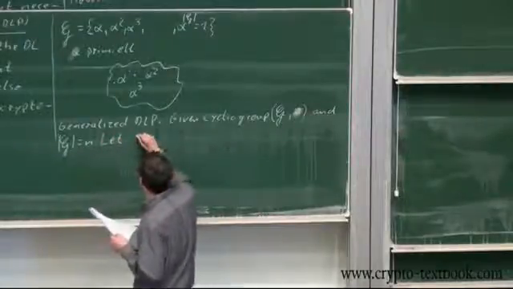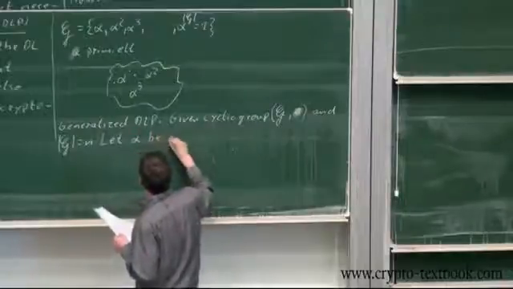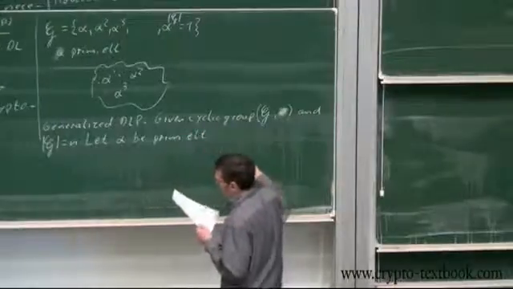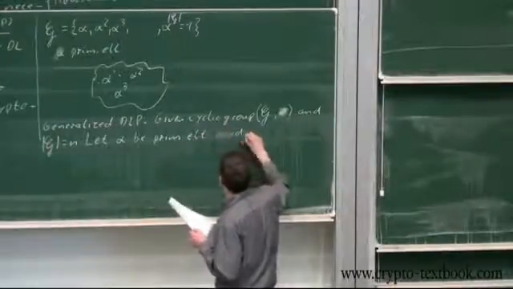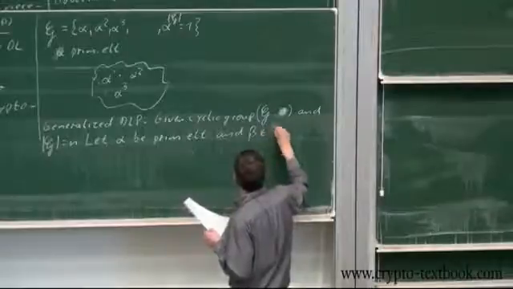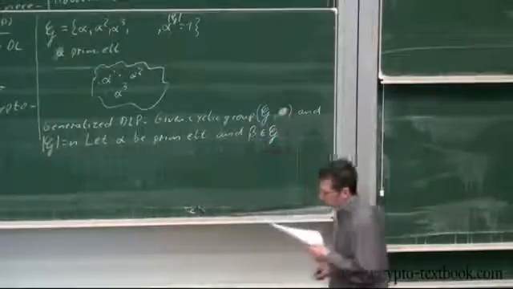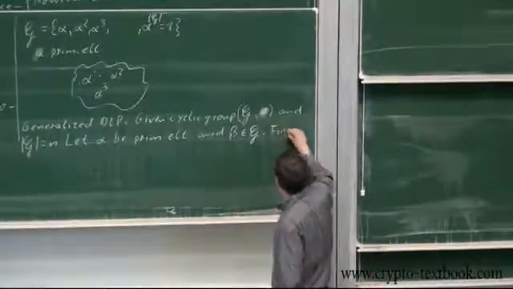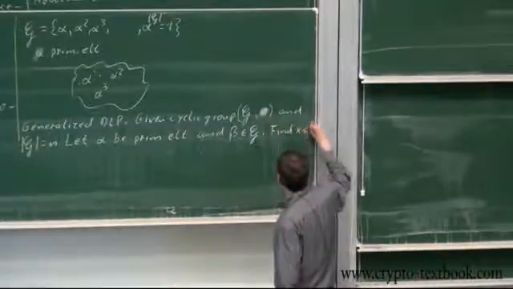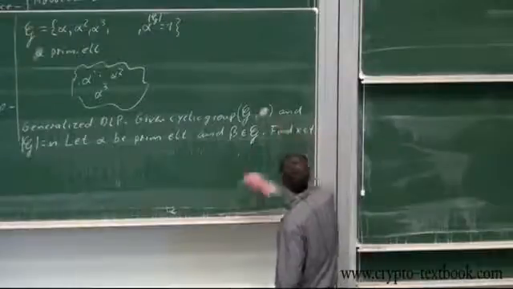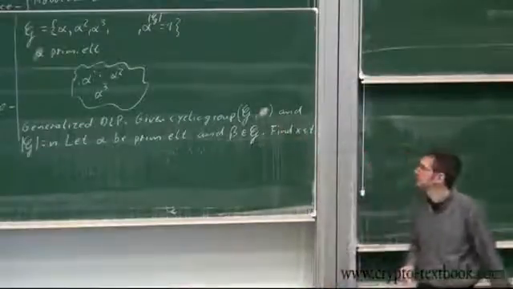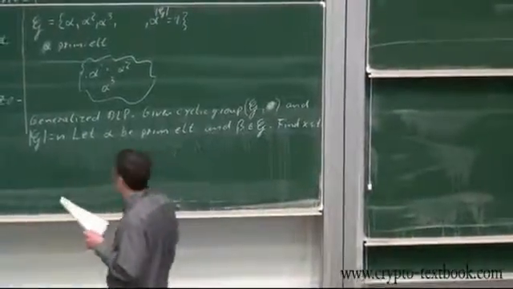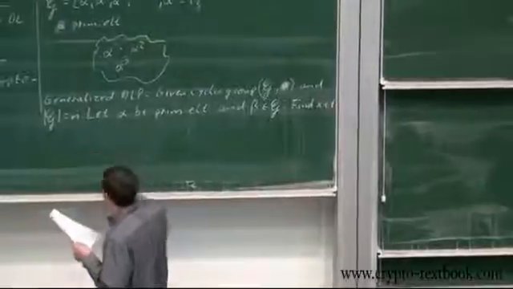Let alpha be a primitive element and beta is in G. Now find an integer x with the following property.